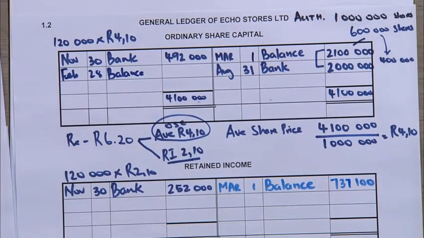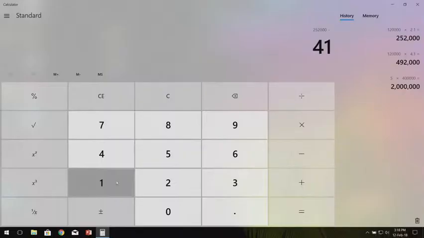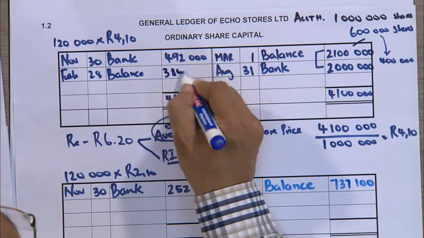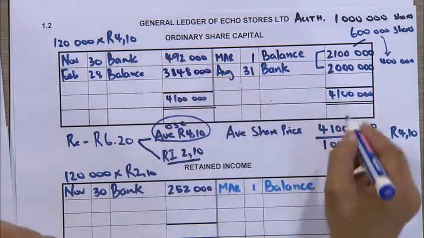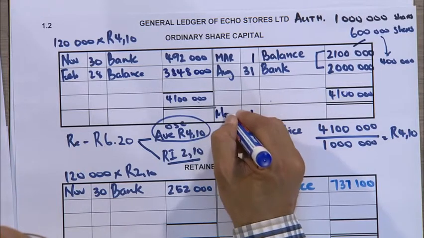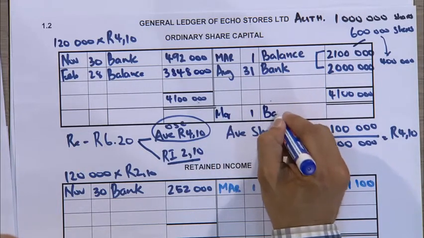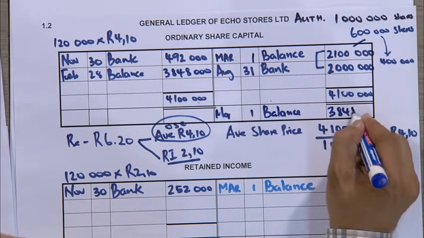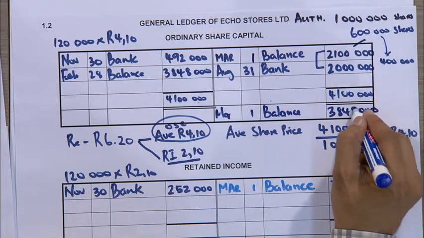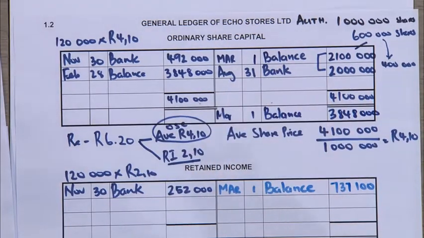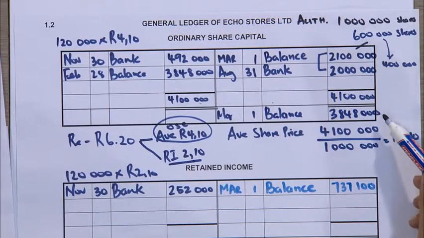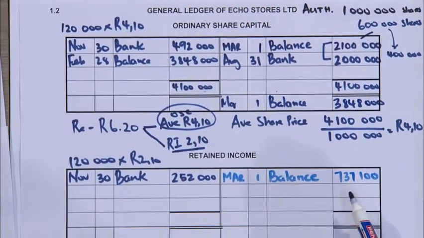Right, so that will just be 4.1 minus, that balance will be 3 million 848,000. Okay, so the capital account is complete. We have the balance. Later on, that balance will be reflected in the ordinary share capital note for the balance sheet.